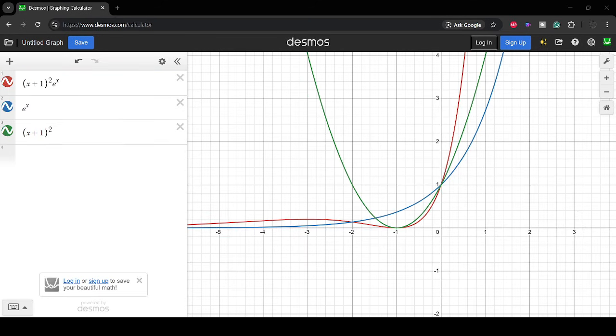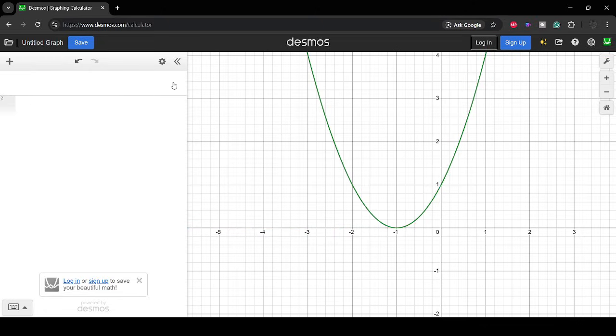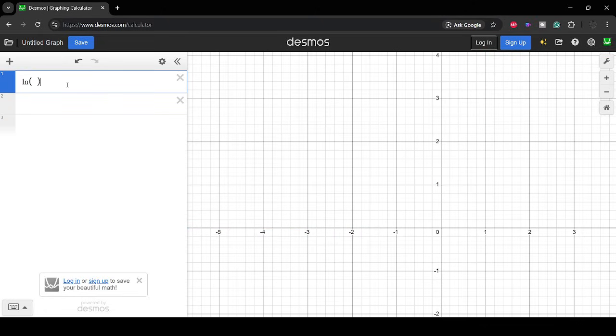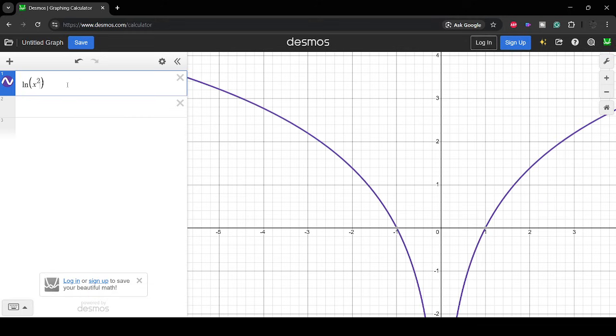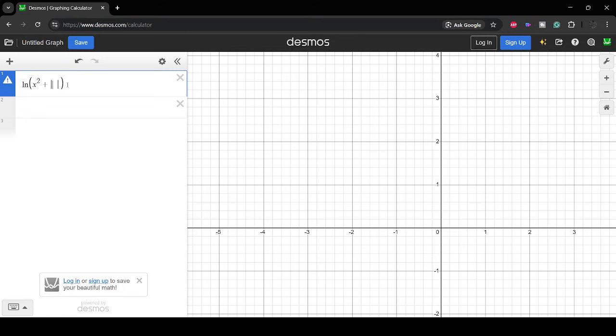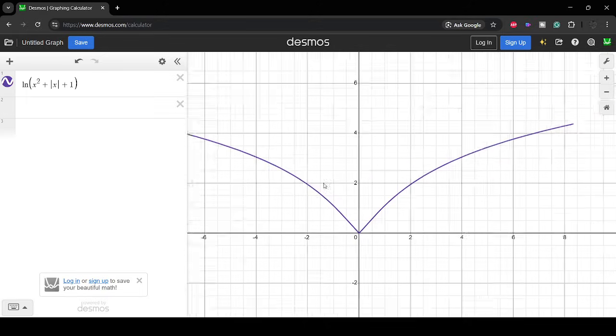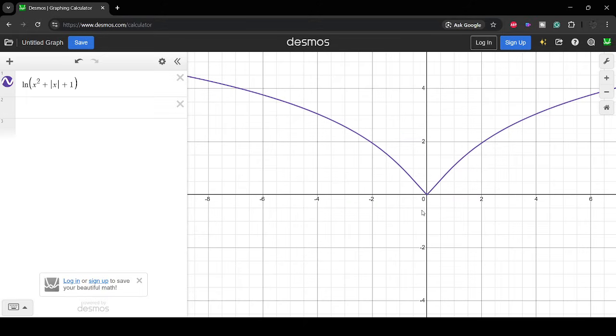And the last graph was ln of x squared plus modulus x plus 1. Which looks like this. Okay, I think I've complicated things more than needed. If I look at my own graph, yeah, my own graph was not correct at all. Why? What are the roots?